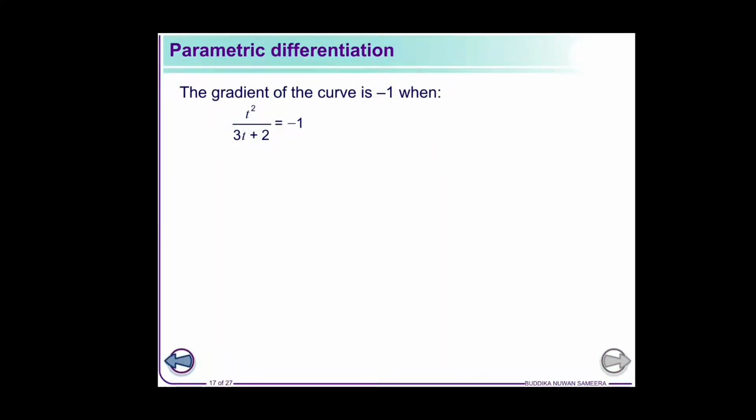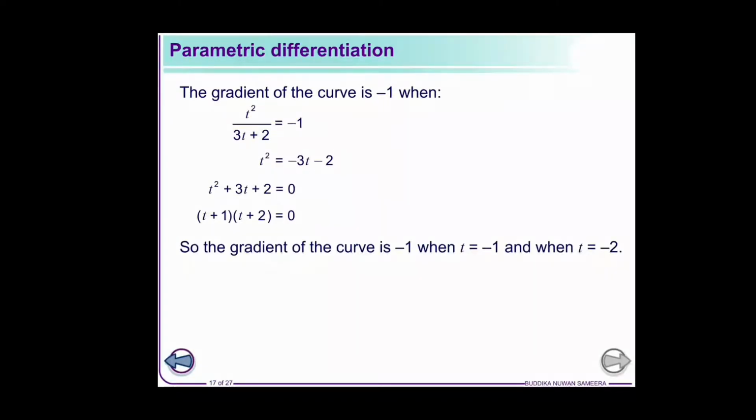Then they have given the gradient as minus 1. So the gradient of the curve is minus 1. So I'm going to equate the gradient function to minus 1. Then you can form a quadratic equation in t. Find the solution of that: t equals minus 1 and t equals minus 2. So when t equals minus 1 and when t equals minus 2, the gradient of the curve is minus 1.